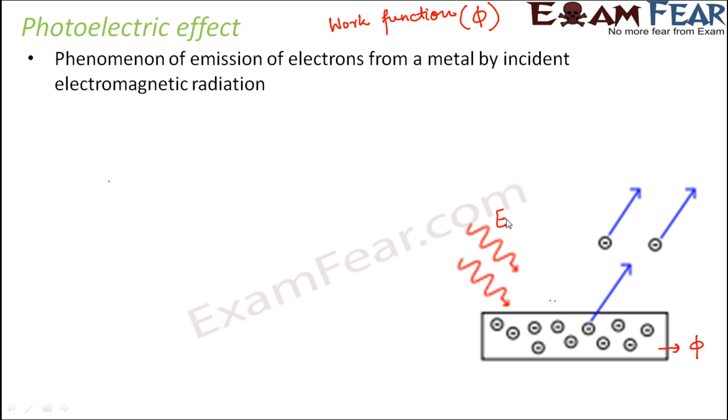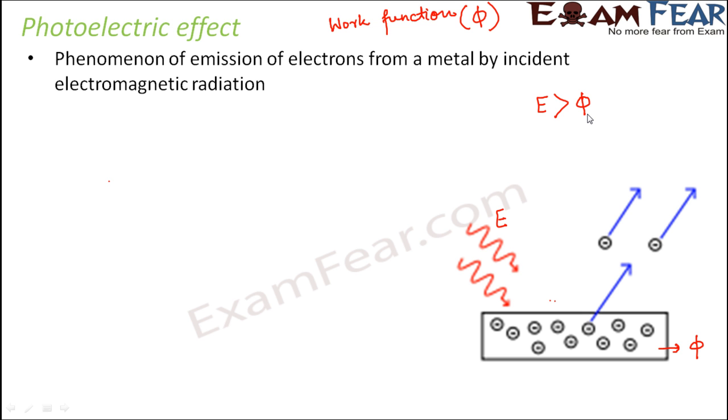If E is less than phi, that means the energy of the light is less than the work function of the metal, then definitely there will be no photoelectric effect, because in that case it is not at all possible to knock off the electrons from the metal surface. There is a possibility for the photoelectric effect to occur only when the energy E of the incident light is greater than the work function of the metal.